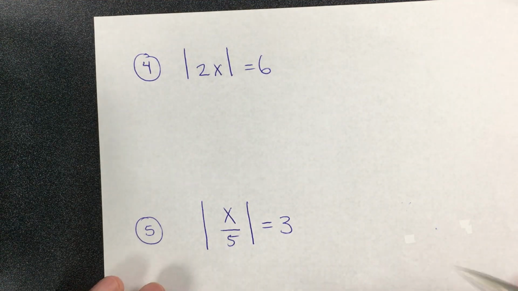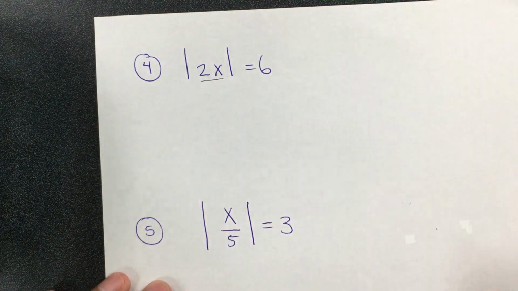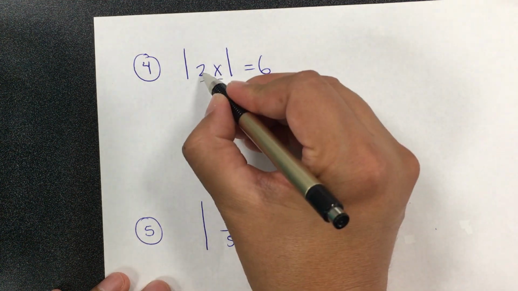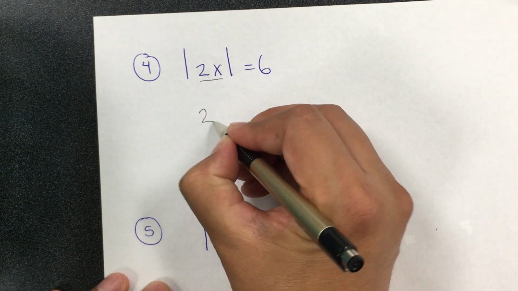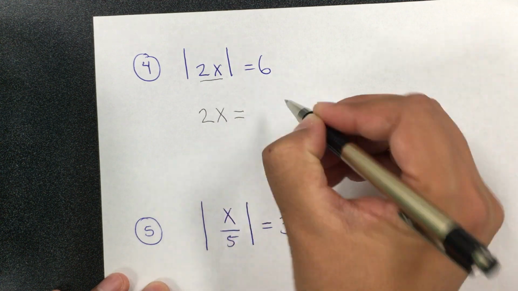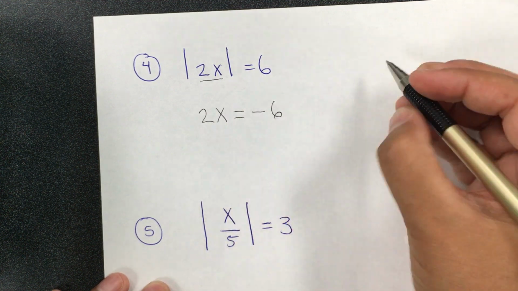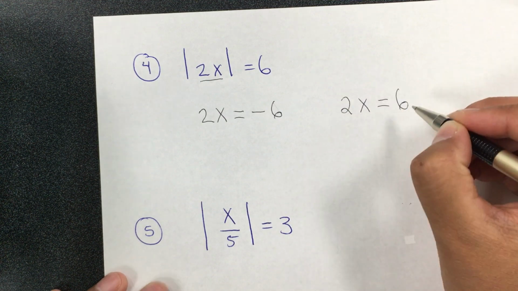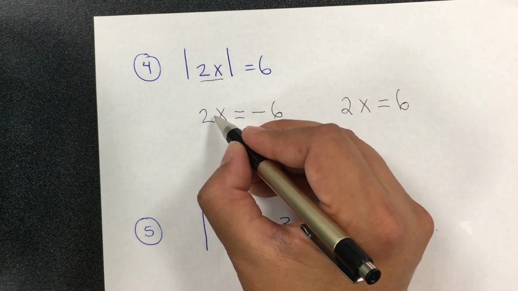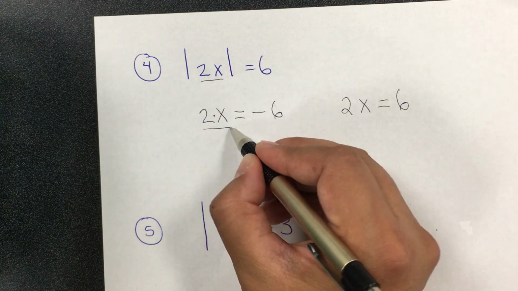Number 4. Same process, but now we have a coefficient and a variable. This means multiplication. So now we have 2x equals -6, but also 2x equals +6. If this is multiplication, we're going to divide.